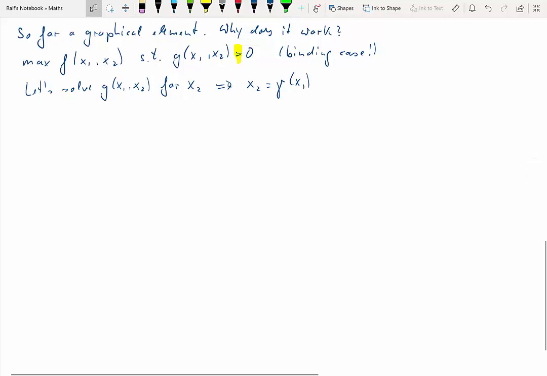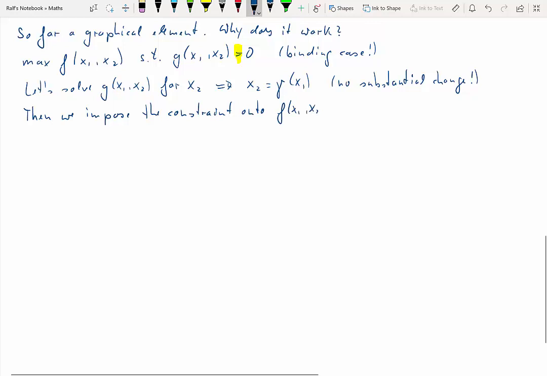So this is all abstract. You just have to imagine we have an x2 in this g constraint, and we solve that constraint equation for x2 and we get some function of x1. We haven't really changed anything substantially. What we then do is we impose this constraint onto the function which we want to optimize.